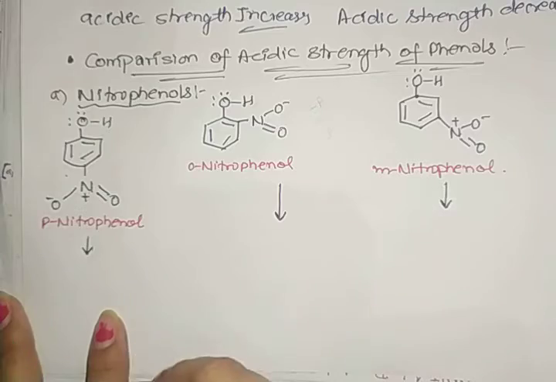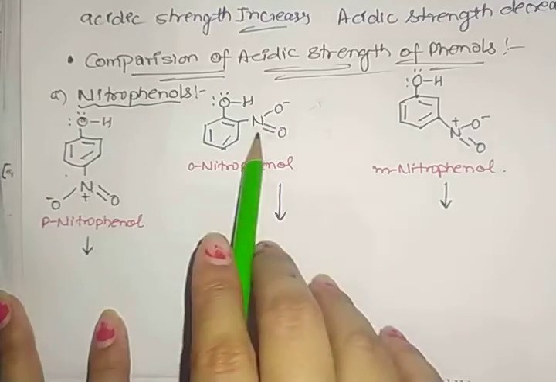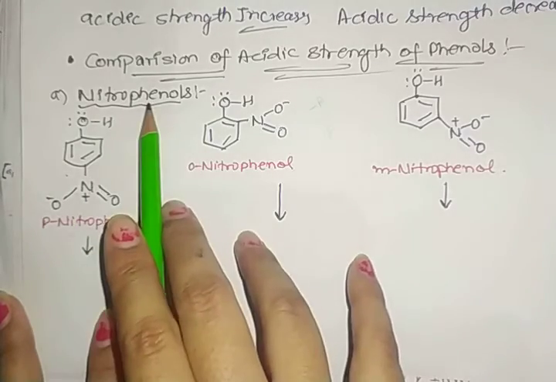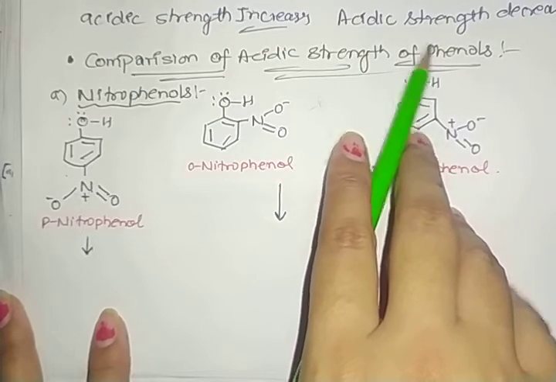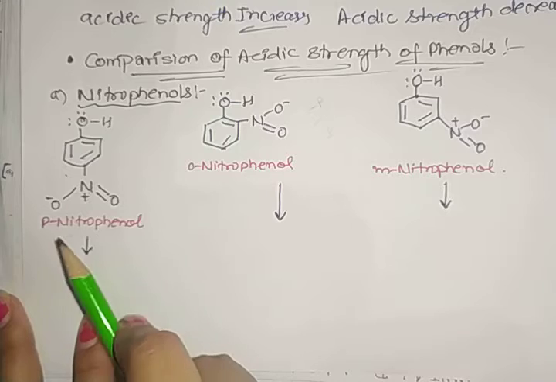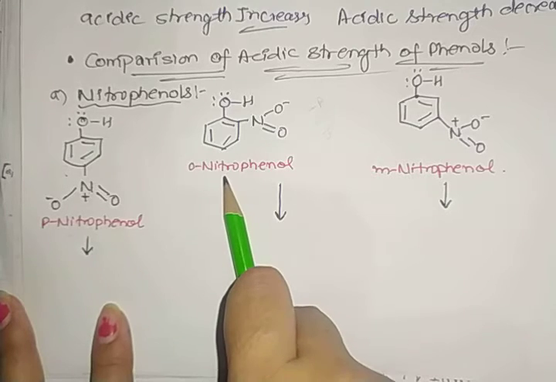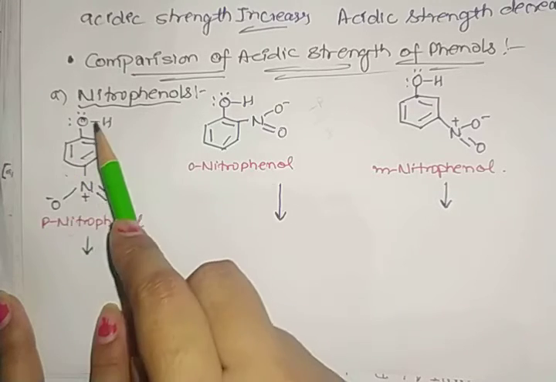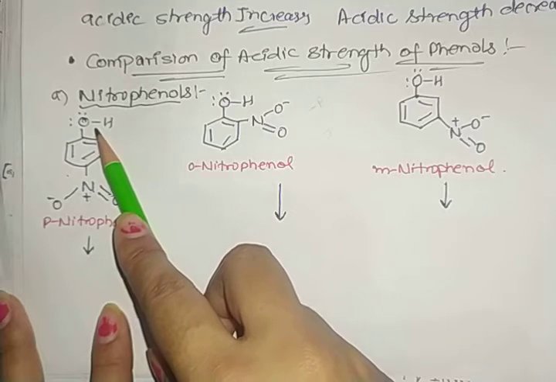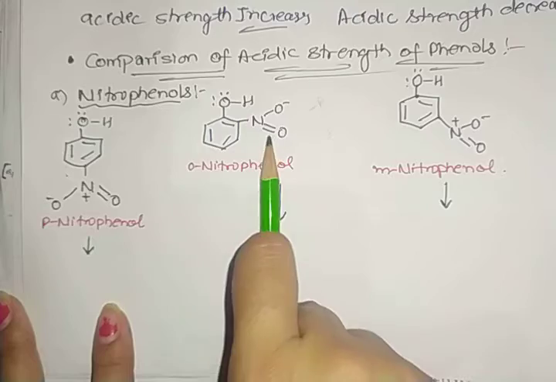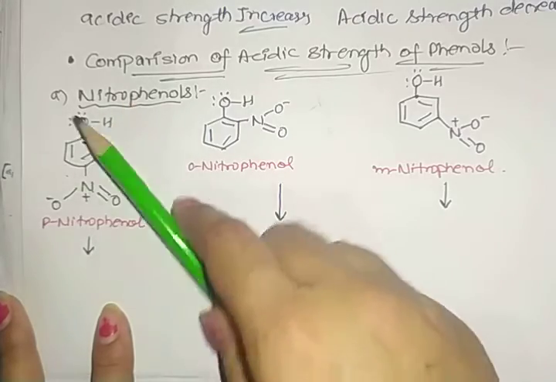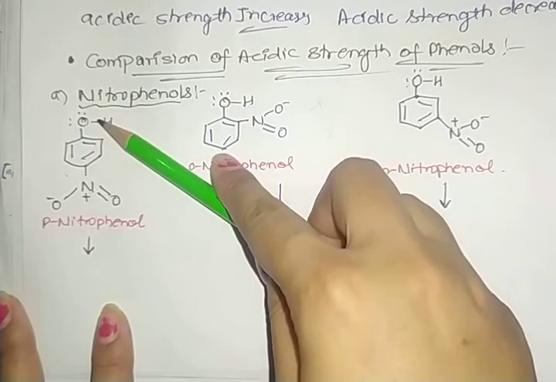So we can see that all these three nitrophenols are more acidic as compared to phenol. When the nitro group is present at the ortho and para positions, it withdraws electrons from the OH bond towards it by the stronger minus R effect.